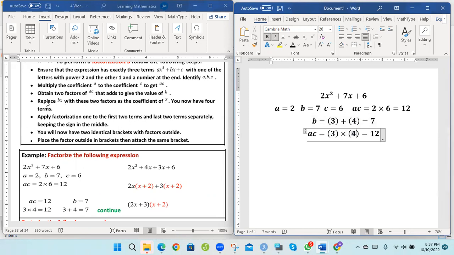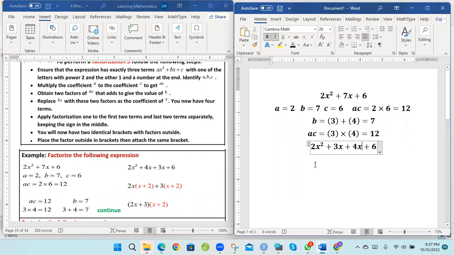Next step, replace bx with these 2 factors as coefficients of x. Those 2 numbers must come before an x. So 7x must be no more. We have to replace 7x with the 3x and the 4x. That's what's going to happen. So we're going to remove 7x and we're going to put 3x plus 4x.